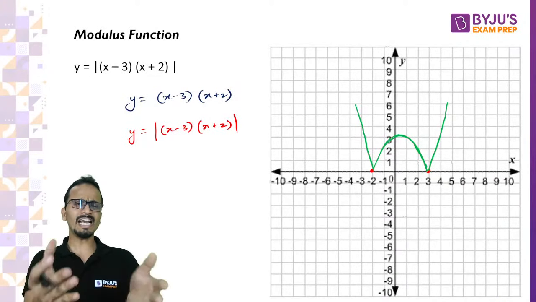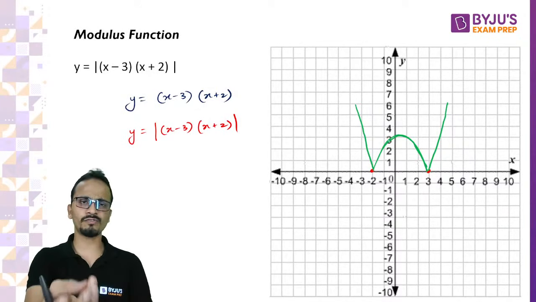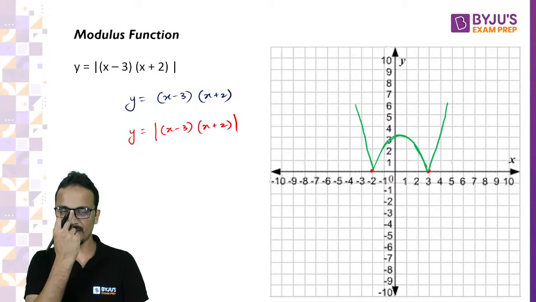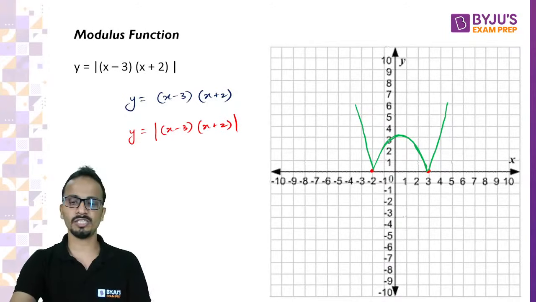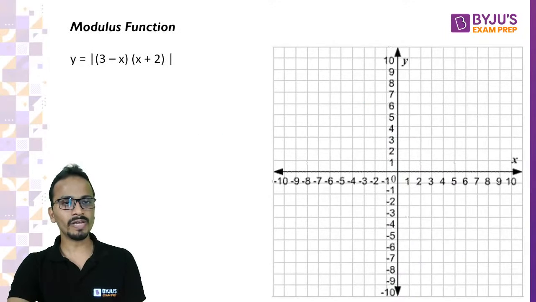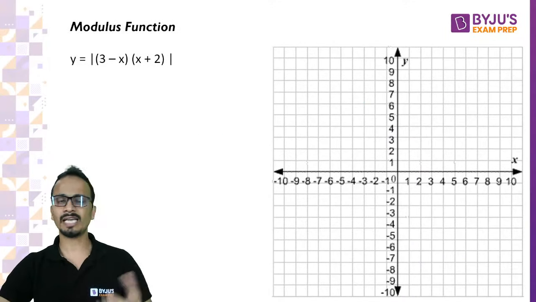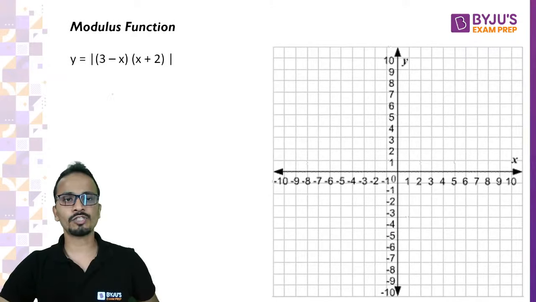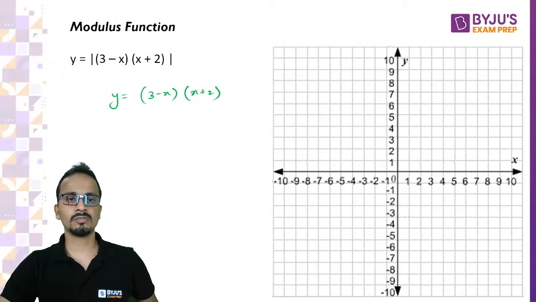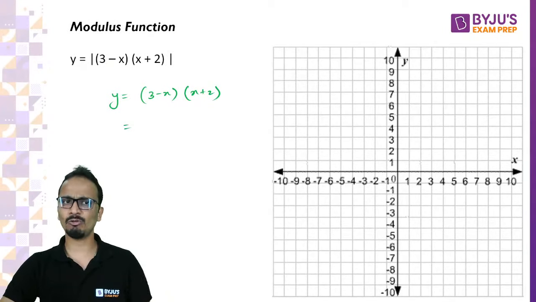Right? So yesterday we saw how to plot the graph of such functions. Today we have done the modulus of all these functions. Moving ahead, taking one more example that we saw yesterday. First of all, I'll plot y equal to 3 minus x, into x plus 2. I'll take the negative sign outside.